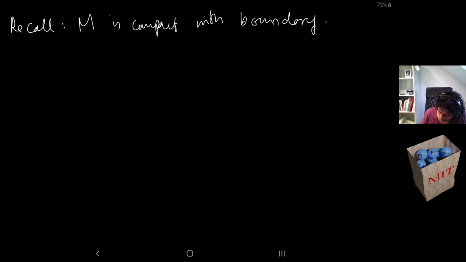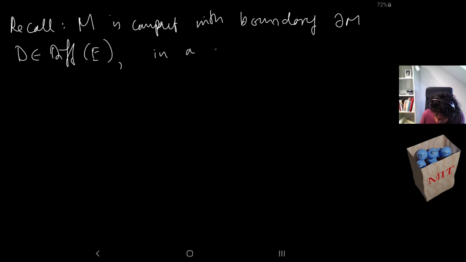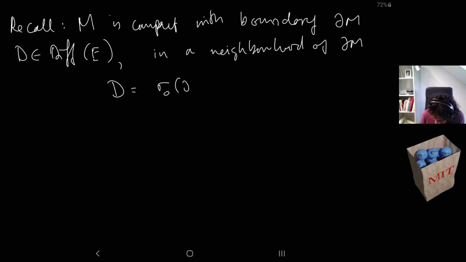Recall that M is compact with boundary, and we have D, which is a first order differential operator on M. We further suppose that in a neighborhood of the boundary, D is cylindrical, where A is self-adjoint, or formally adjoint, or formally self-adjoint.